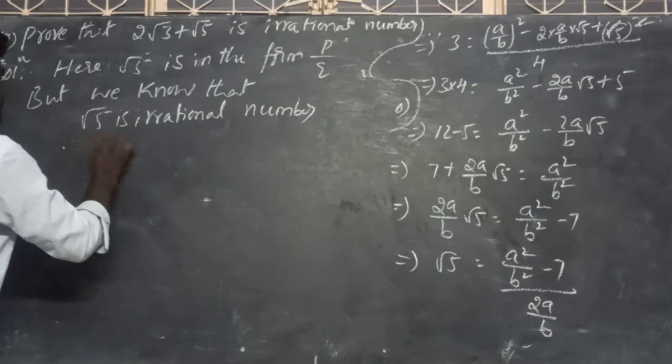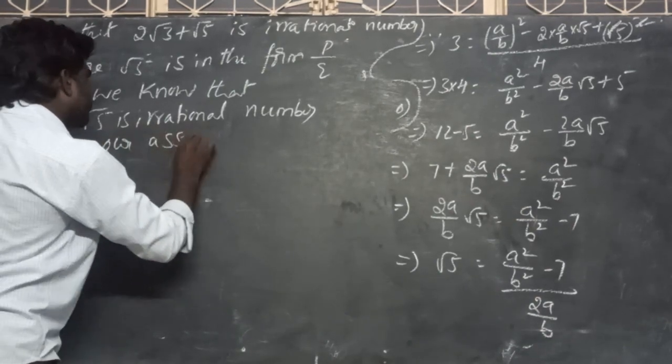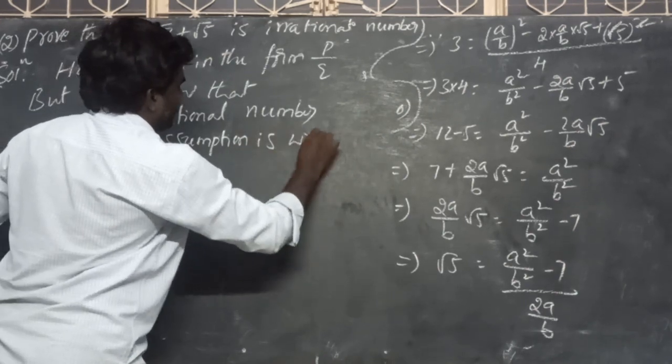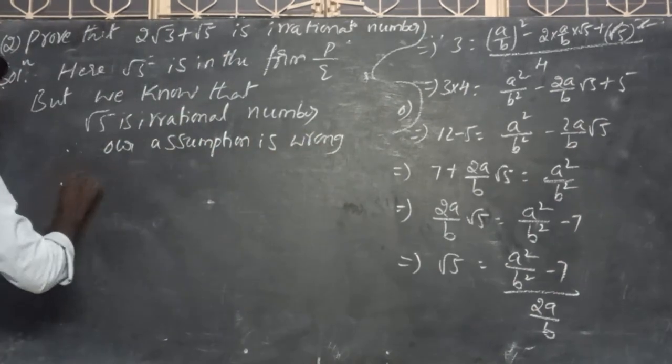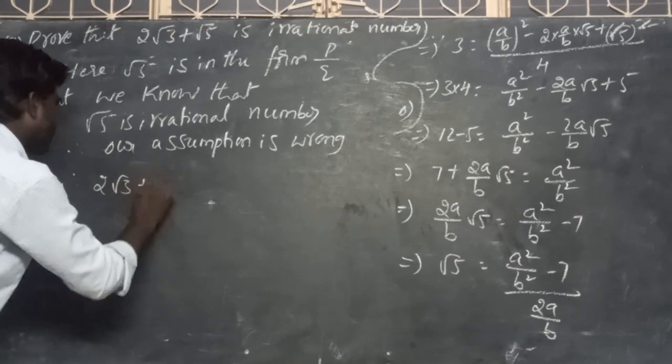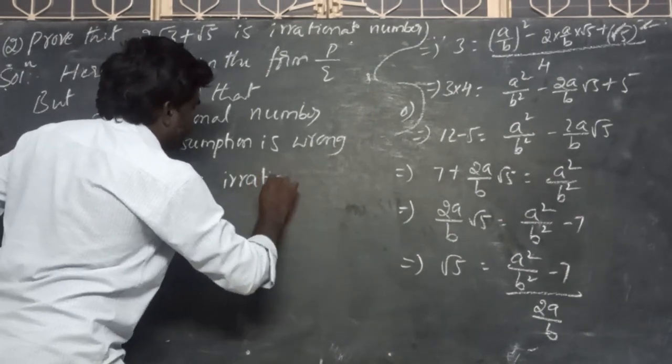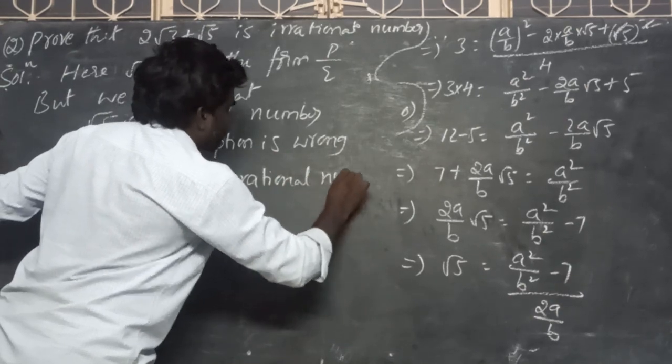Therefore, our assumption is wrong. So, therefore, 2 root 3 plus root 5 is irrational number. Therefore, hence true.